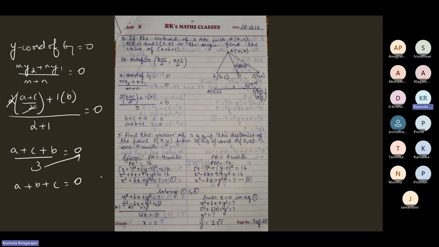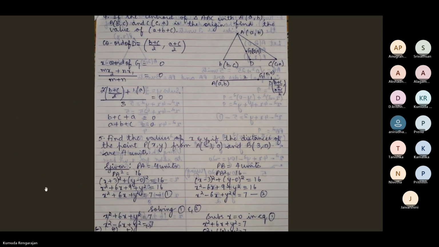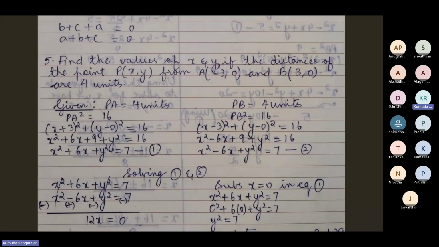Okay, so that's about this question. Next one. Find the values of x and y if the distances of the point P, x comma y, from A and B are 4 units.